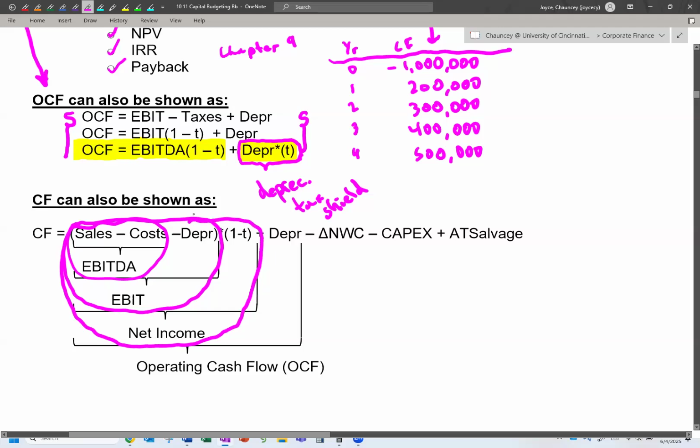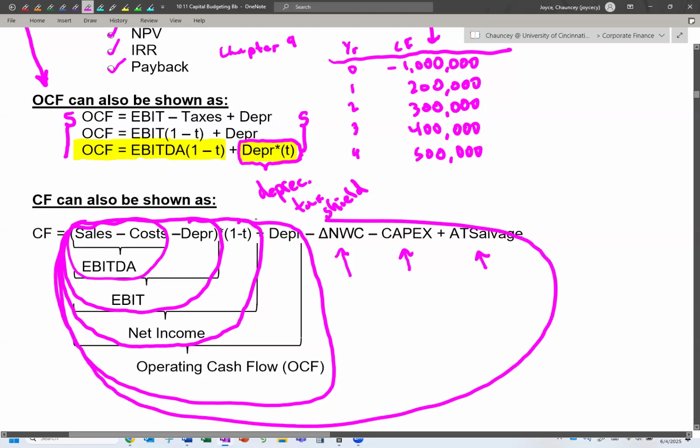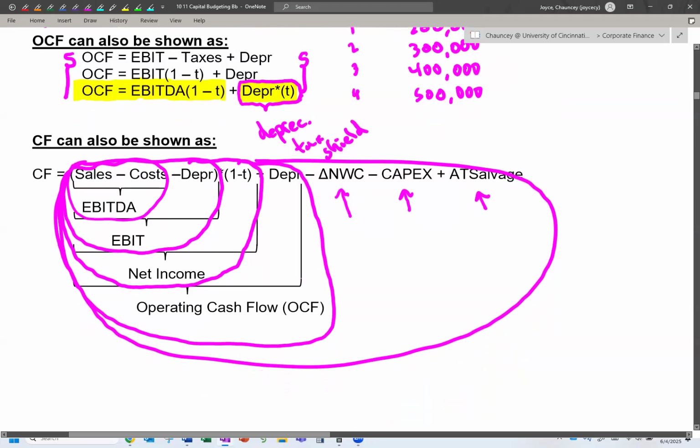You get to unlevered net income. When you add back depreciation, you get to operating cash flow. And then when you deduct changes in net working capital and deduct capital expenditure, then add after-tax salvage value, you get to project cash flow. So just be careful which piece of the equation you need.